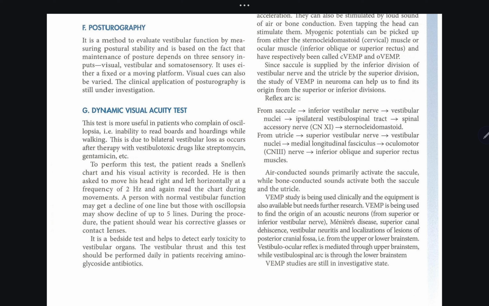He is then asked to move his head right and left horizontally at a frequency of 2 Hz and again read the chart during movements. A patient with normal vestibular function may get a decline of one line, but those with oscillopsia may show a decline of up to 5 lines.